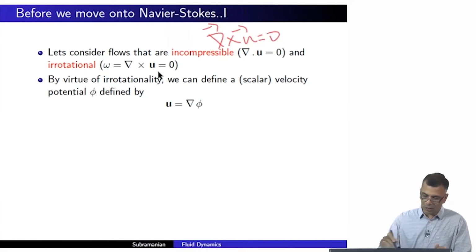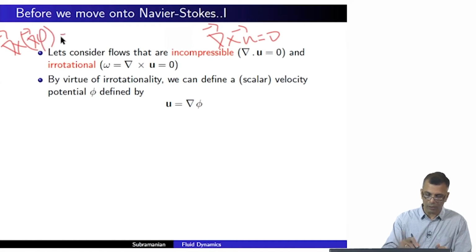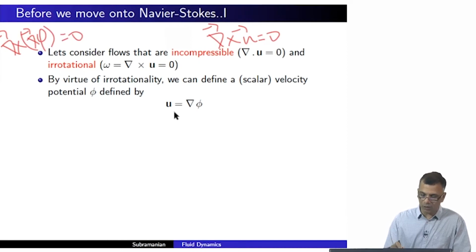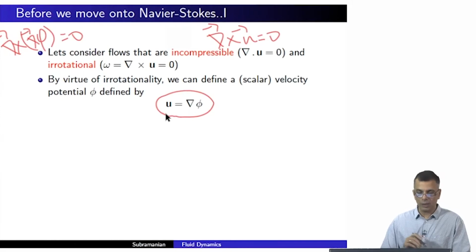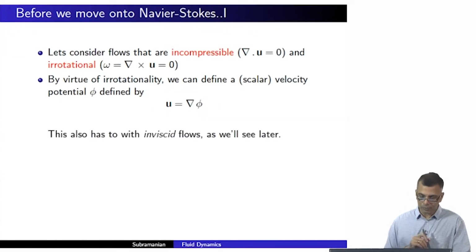In other words, the curl of the gradient of phi is equal to 0. So by virtue of irrotationality, we can define a velocity potential. This has to do with inviscid flows, as we will see later.